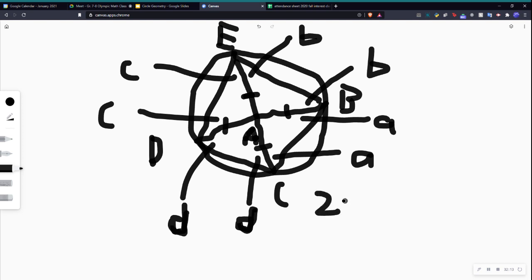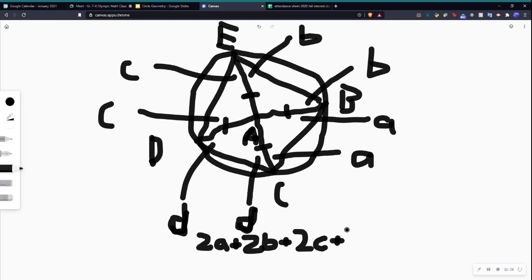Let me write it somewhere with more space. So here, 2A plus 2B plus 2C plus 2D, and they all add up to 360 degrees.